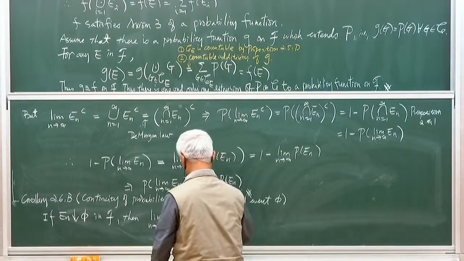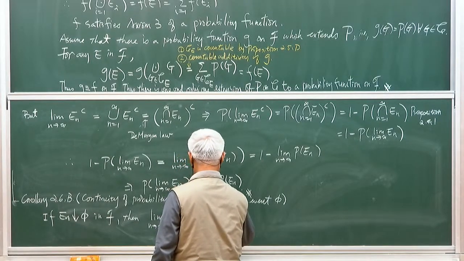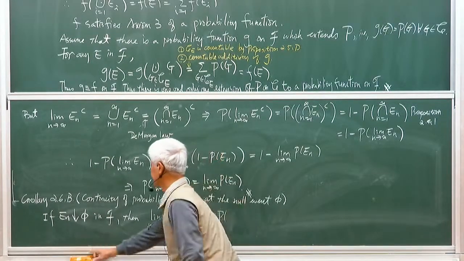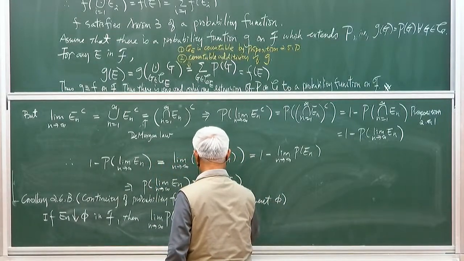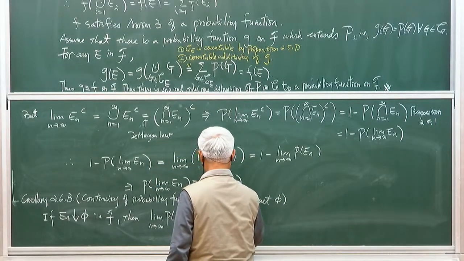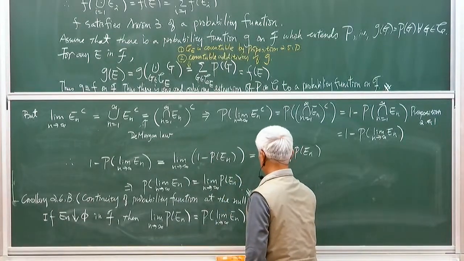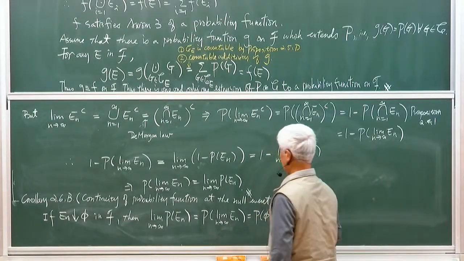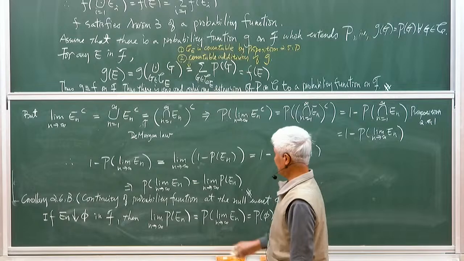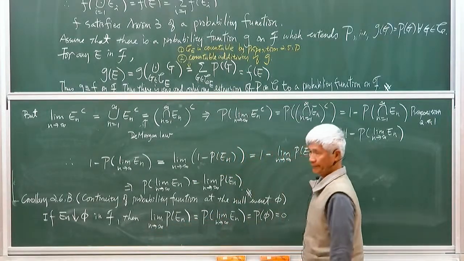So the important thing is the limit of P of En is 0.